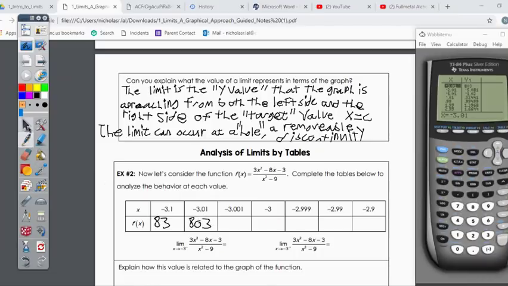Think about plugging in to actually find these. At negative 3.001, you will have 8,003.